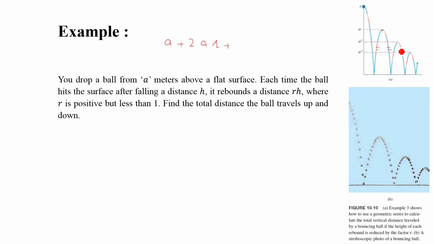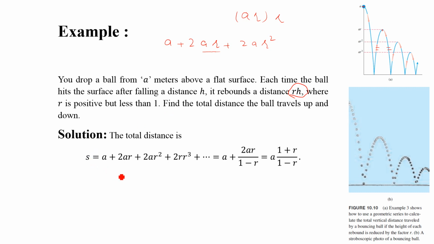Similarly, with the same logic or the same argument, we have 2ar squared. Distance covered is 2ar squared because ar is covered. Next time it should be ar into r, using this formula rh. Next time we'll multiply by this, and this is how it looks after every bounce.